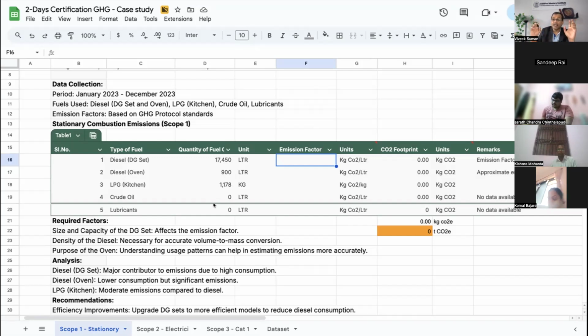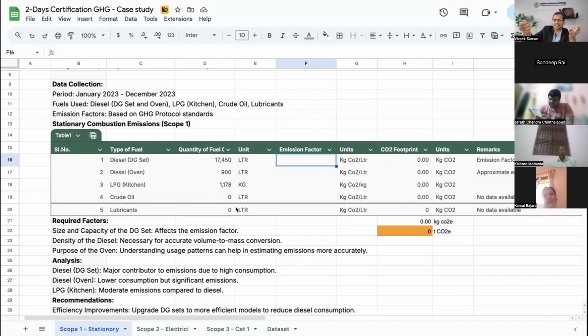Are you with me? So the oxygen exposure will decide whether this fuel will have a higher or lower emission factor. Now you tell me, will the DG set or the oven provide more oxygen? Which one do you think?